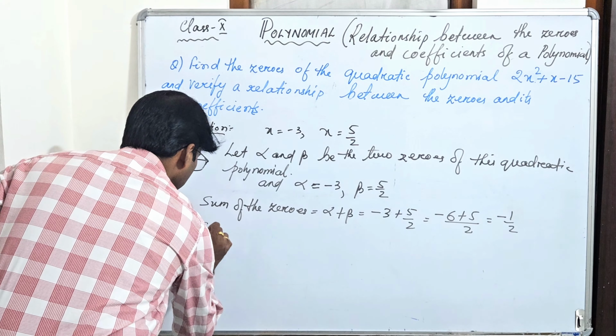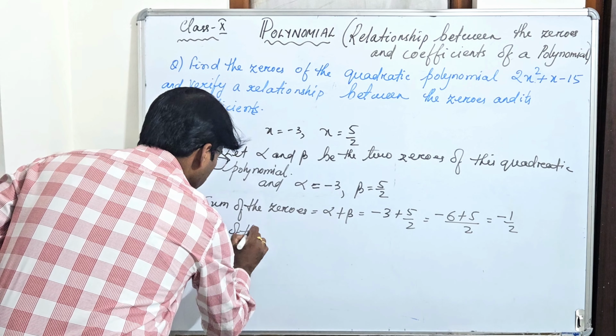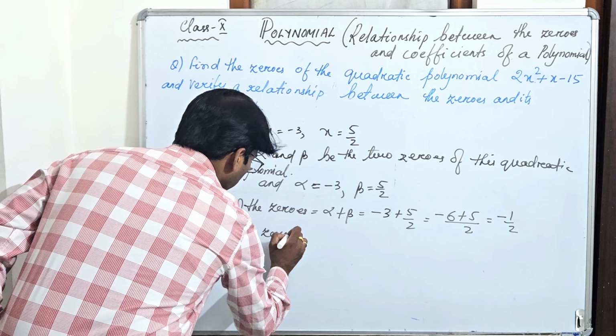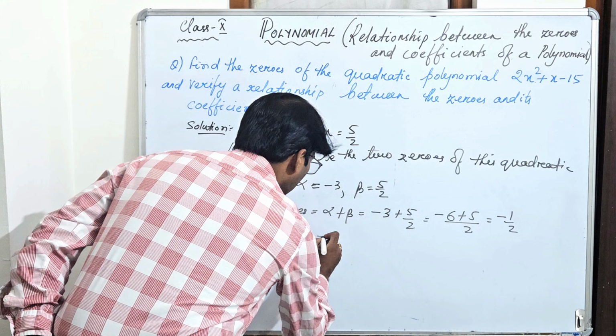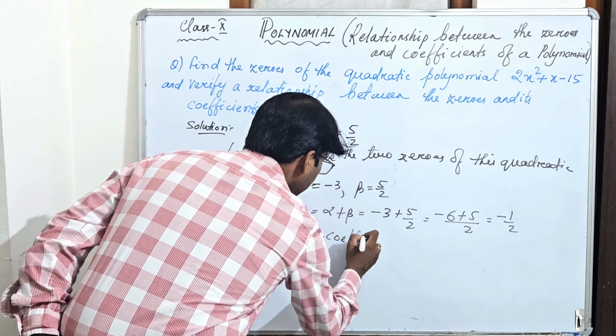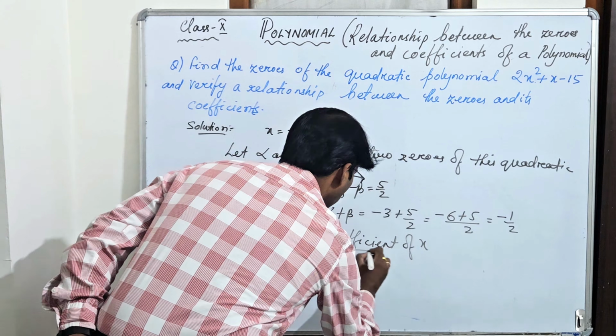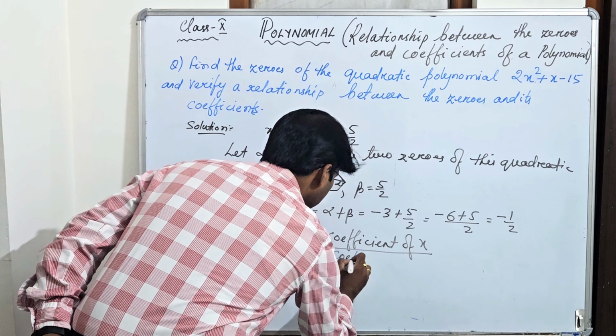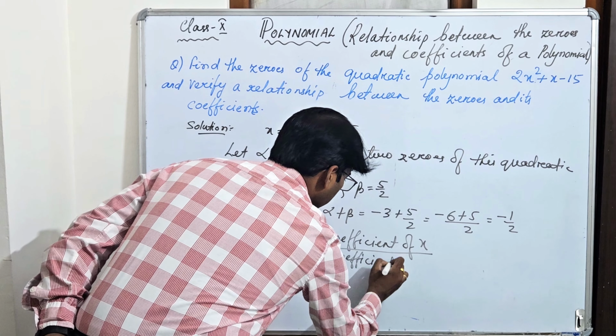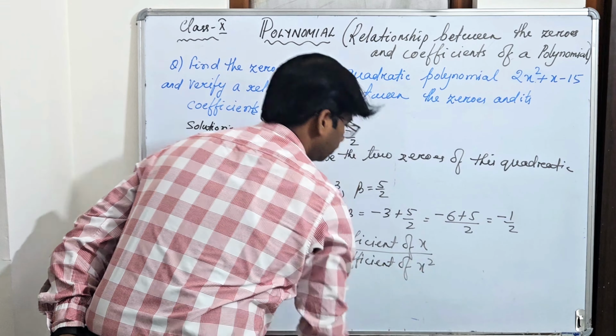So now, using the formula. Formula means what? Sum of the zeros is minus of coefficient of x whole by coefficient of x square.